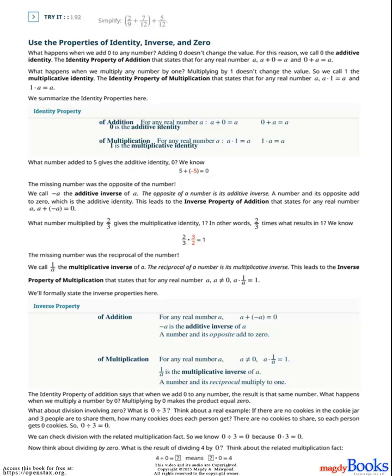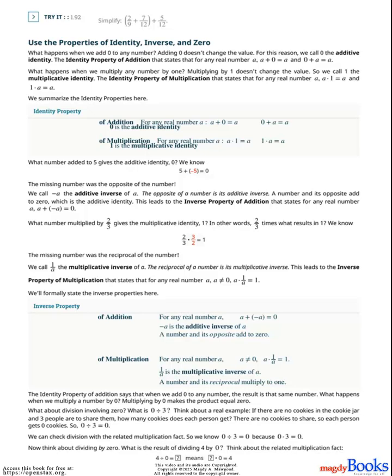closed parenthesis, equals 0. What number, multiplied by 2 over 3 gives the multiplicative identity, 1? In other words, 2 over 3 times what results in 1? We know 2 over 3 dot 3 over 2 equals 1.